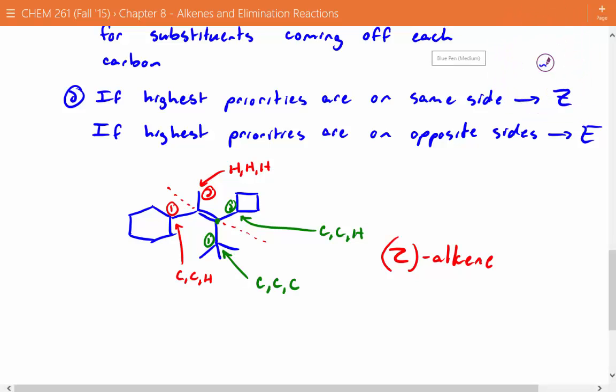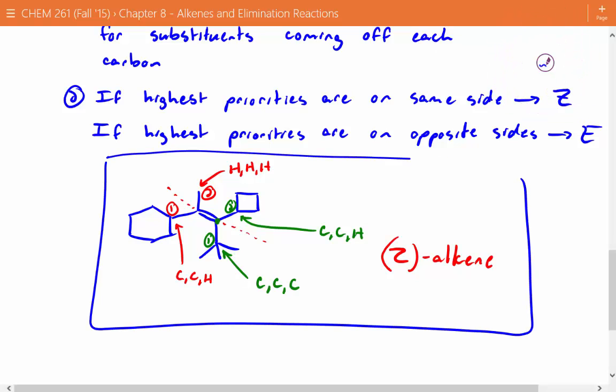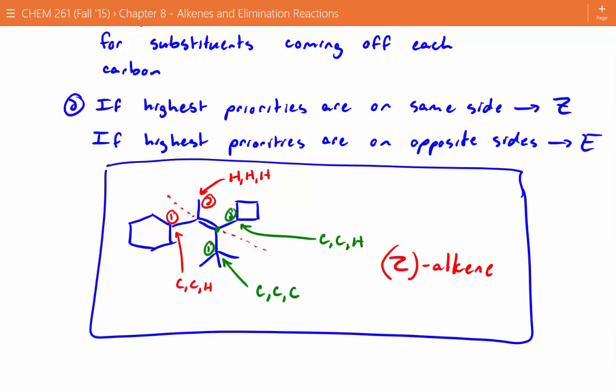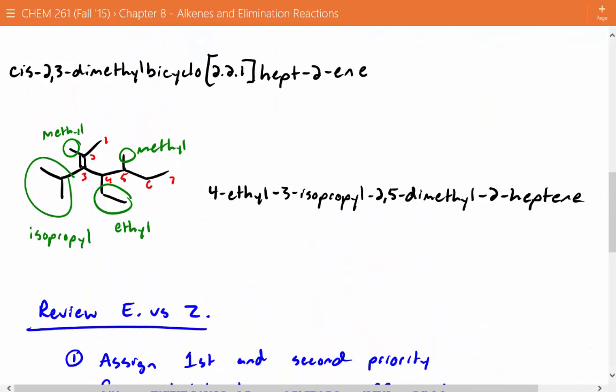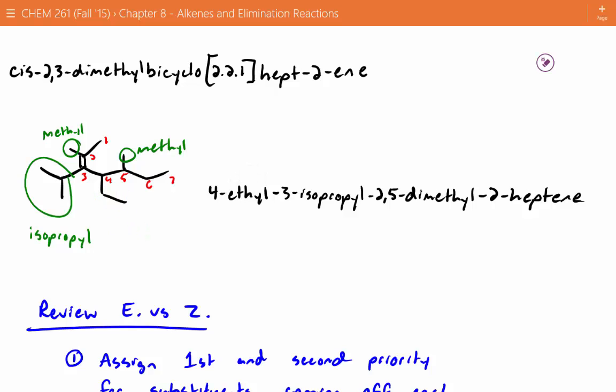Okay, so let's go back and look at our example that we left behind. Let's try to assign priorities to this one. This one's a little trickier. I'm going to erase some of this to give us more room. But we're going to have to deal with a lot of tiebreakers here.